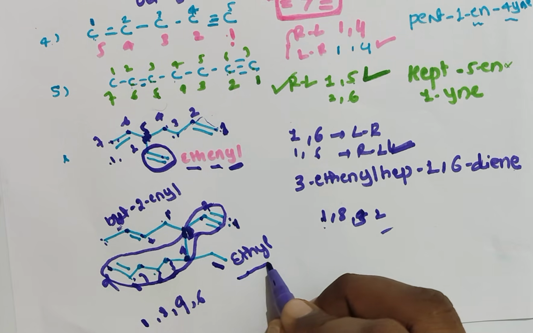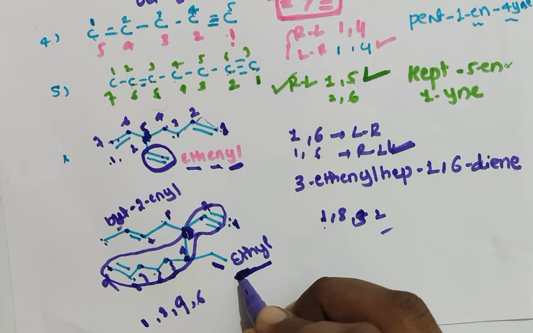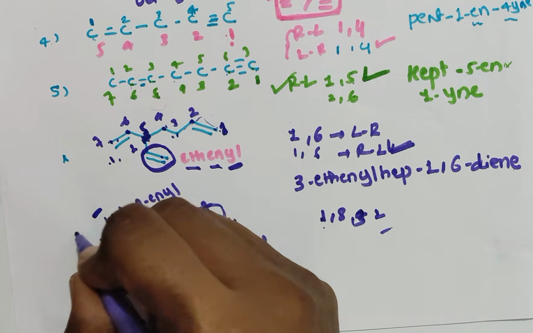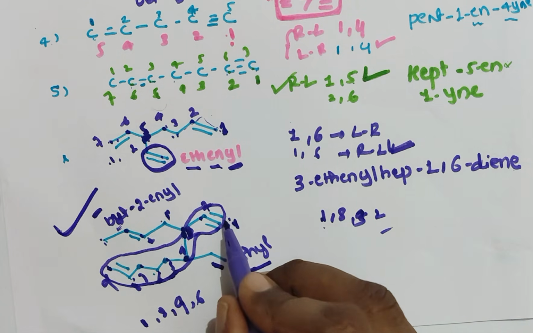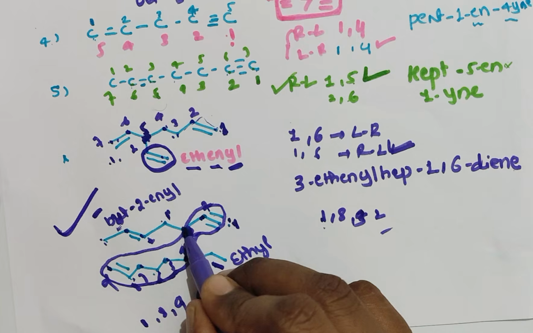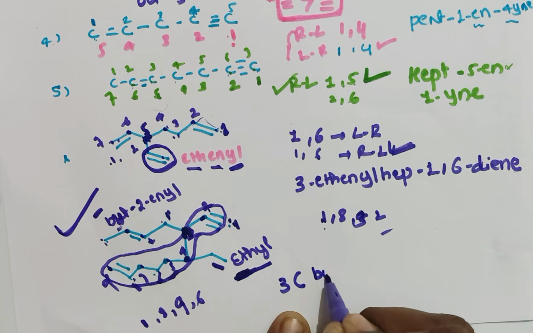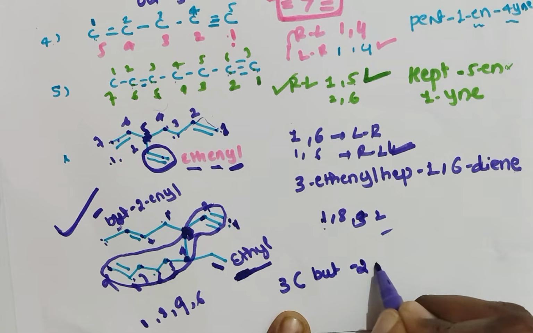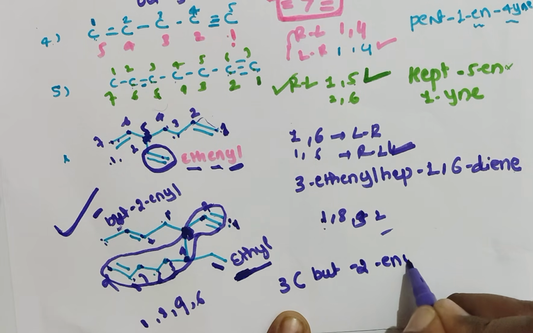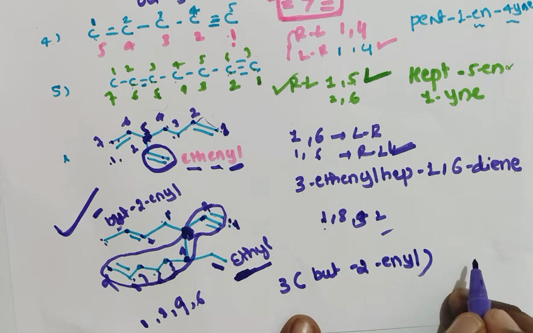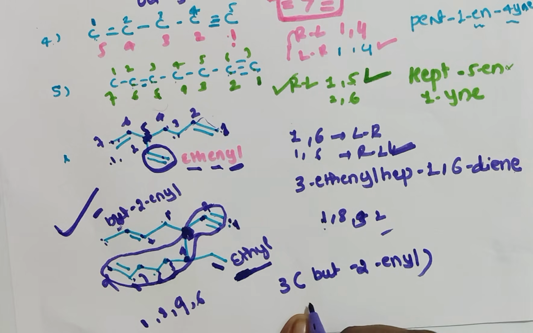Two prefixes are there: ethyl, alphabetically E, and butenyl, alphabetically B. So this prefix comes first, attached to the third carbon atom. Therefore 3-(but-2-enyl). Why inside brackets? Because this is a complex substituent, and complex substituents are written in brackets.